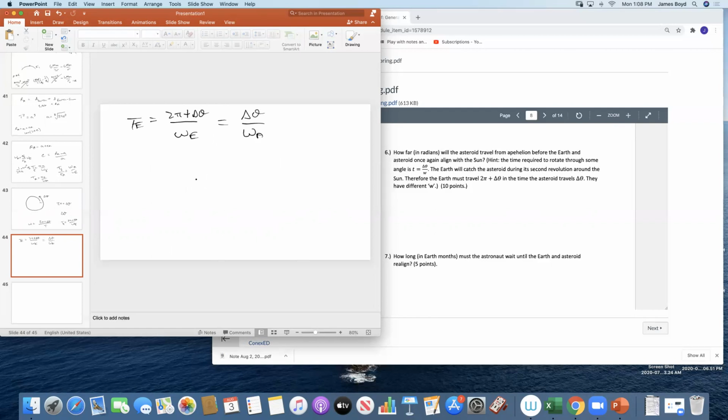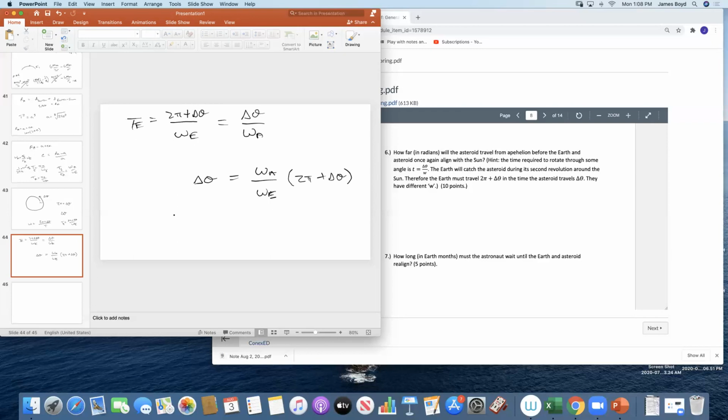And if we want to know what delta theta is, let's solve this for delta theta. We get delta theta is omega A over omega E times 2 pi plus delta theta.